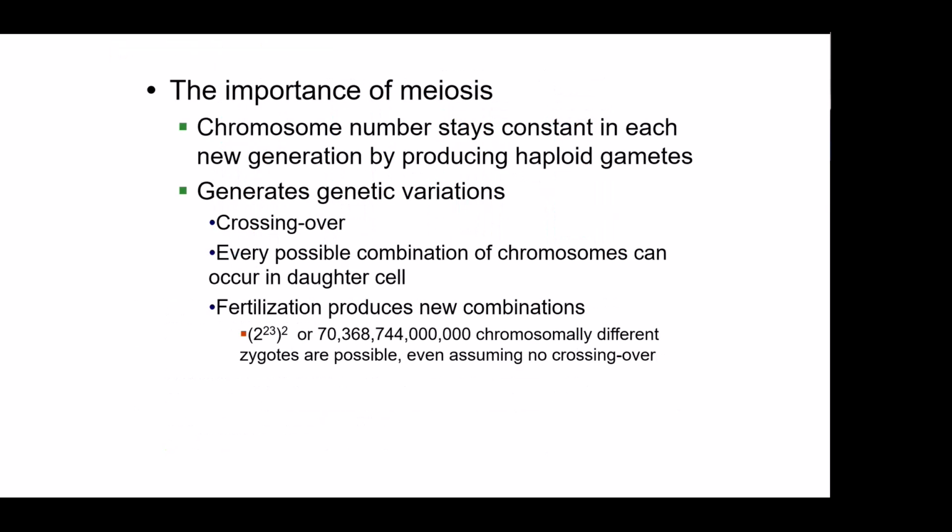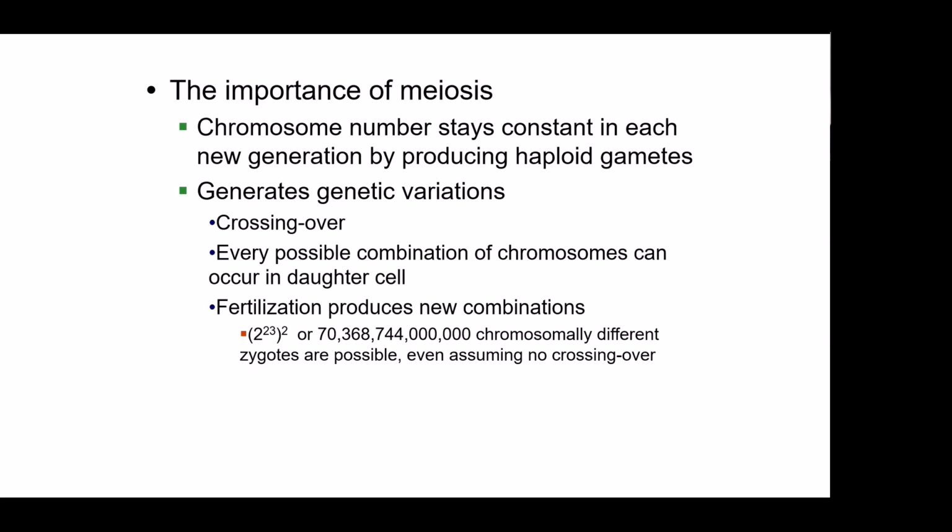So the importance of this is, of course, number 1, maintaining the number of chromosomes within each new generation, and number 2, creating a variety of genetic variations. There's the possible combination of chromosomes in the daughter cells, the possibility of crossing over, and all the different possible combinations.